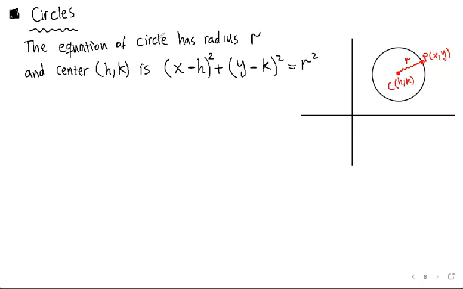The equation of a circle with radius r, the distance from here to here, and center h comma k, and this point x comma y, is x minus h squared plus y minus k squared equals the radius squared.